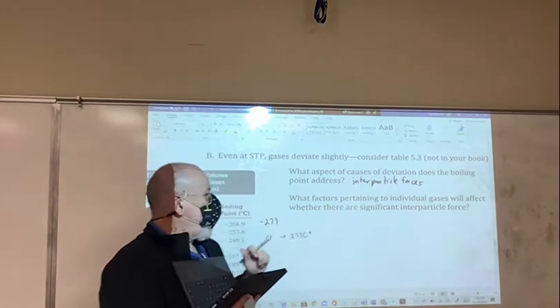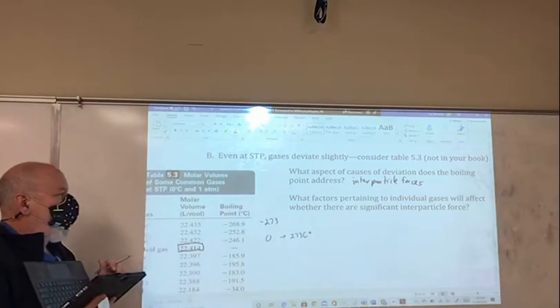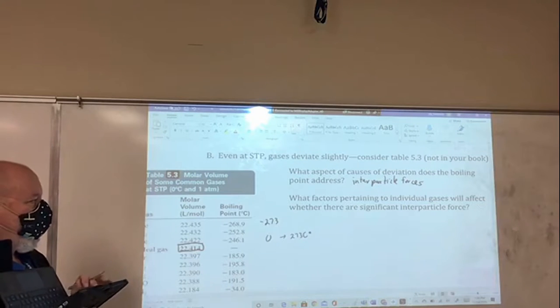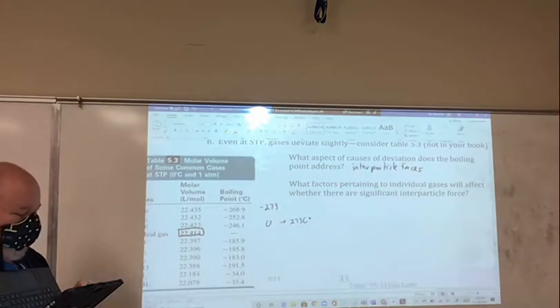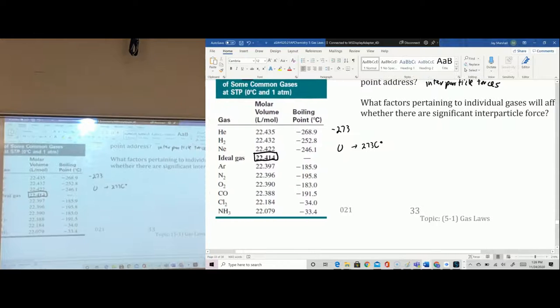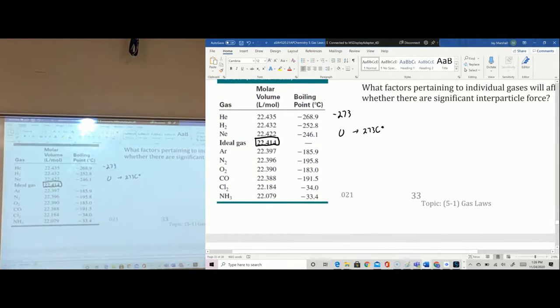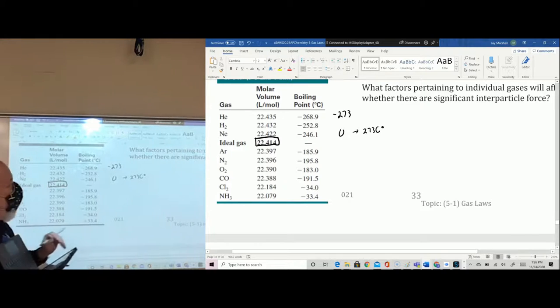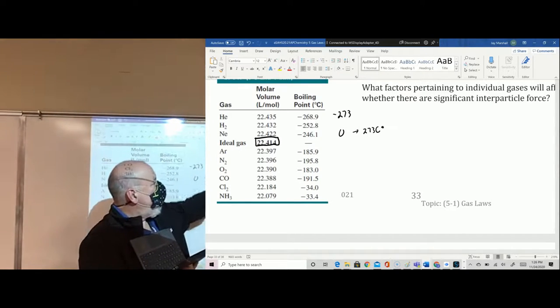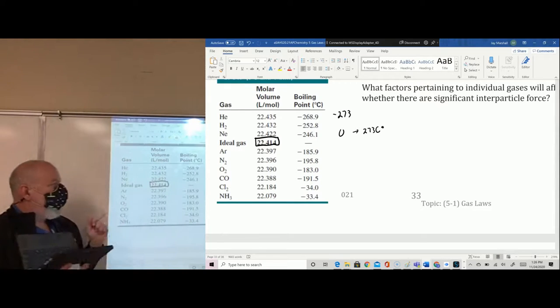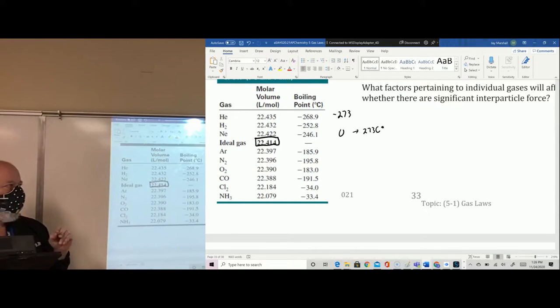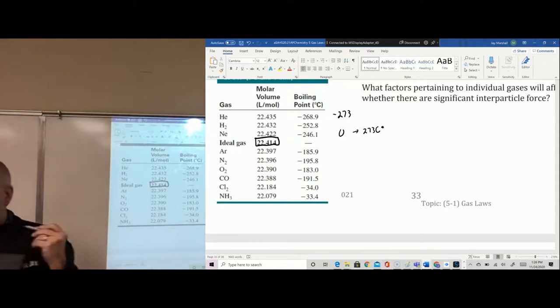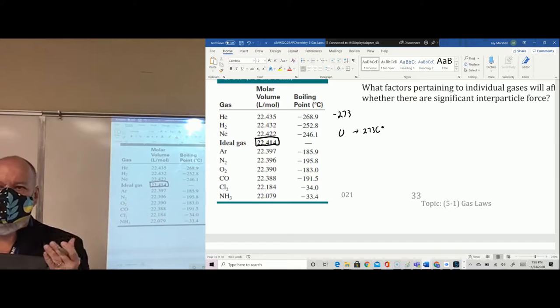What factors pertaining to individual gases will affect whether there are significant interparticle forces? And what substance do we know that is our model for interparticle forces?